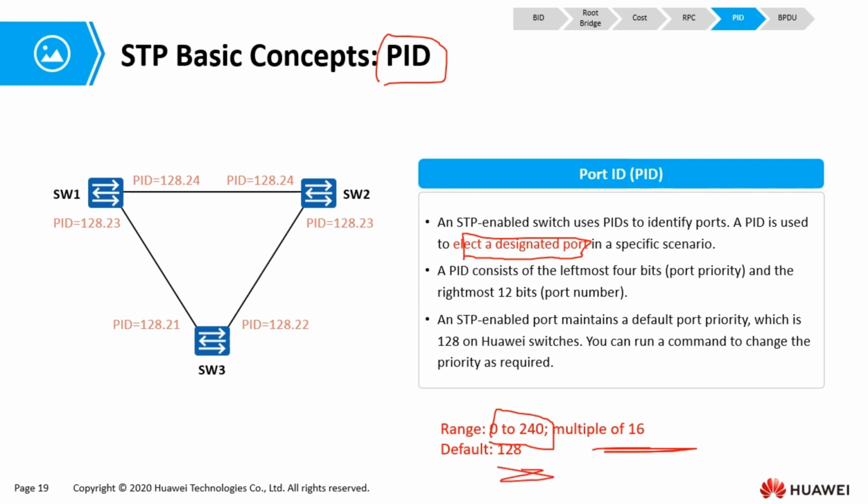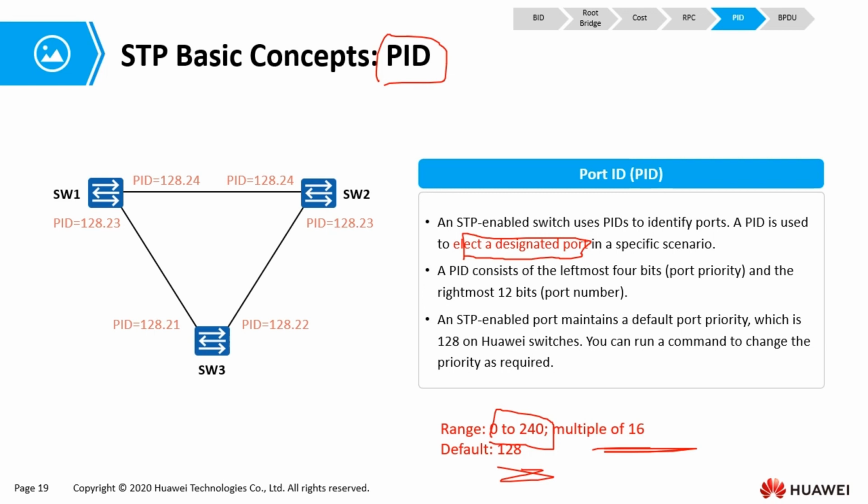Don't confuse your port ID with the bridge ID. The bridge ID default value is 32768, but the port ID is for selecting your designated port. The bridge ID is used to select the root bridge. Don't confuse them.